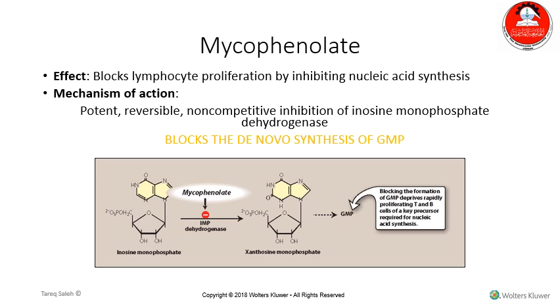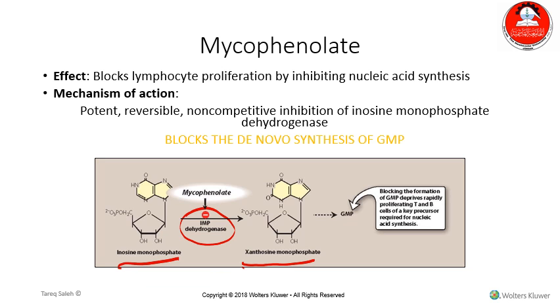So mycophenolate is a potent, reversible, non-competitive inhibitor of the enzyme inosine monophosphate dehydrogenase. This enzyme is responsible for the conversion of inosine monophosphate into xanthine monophosphate.